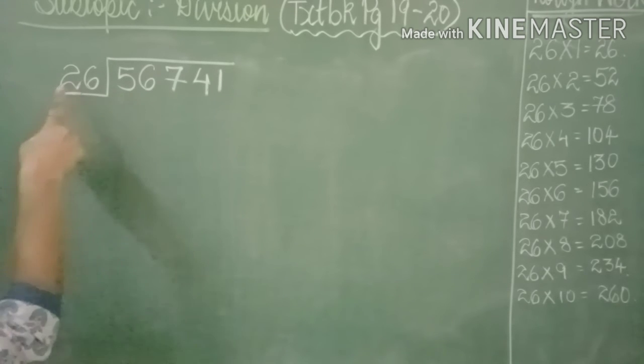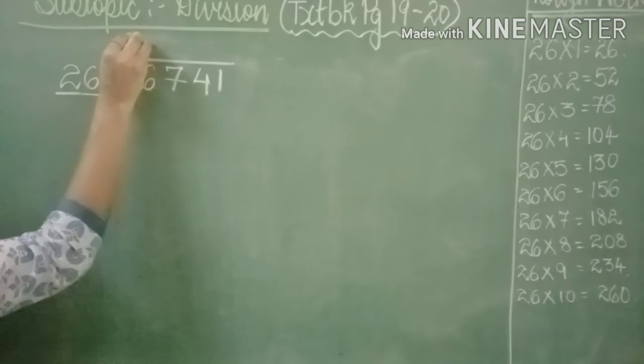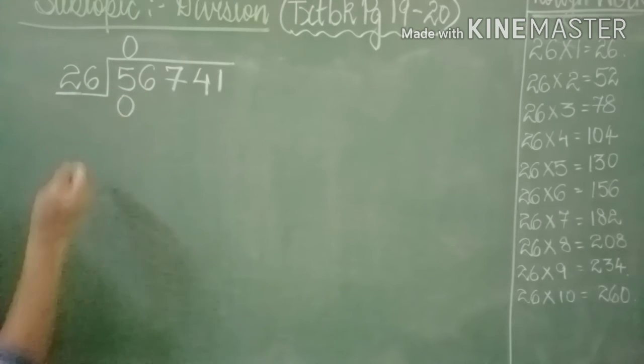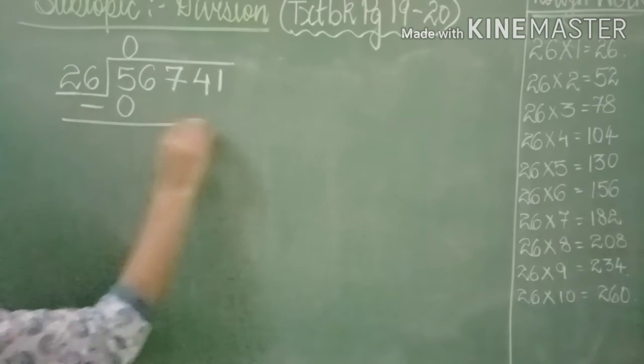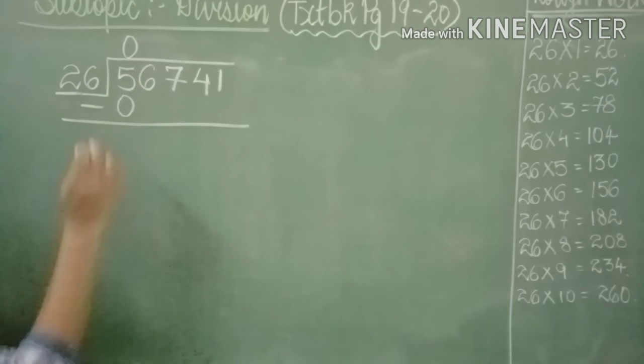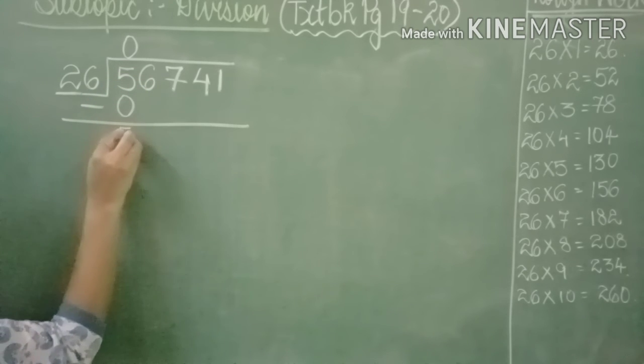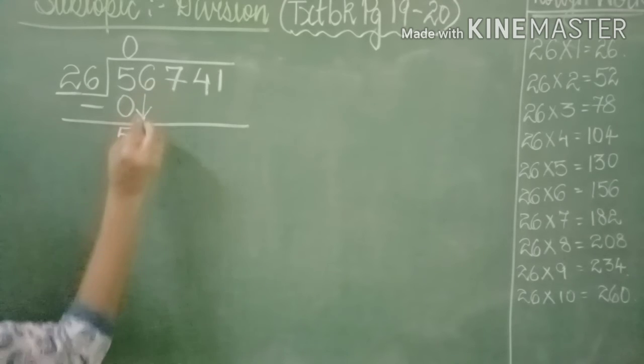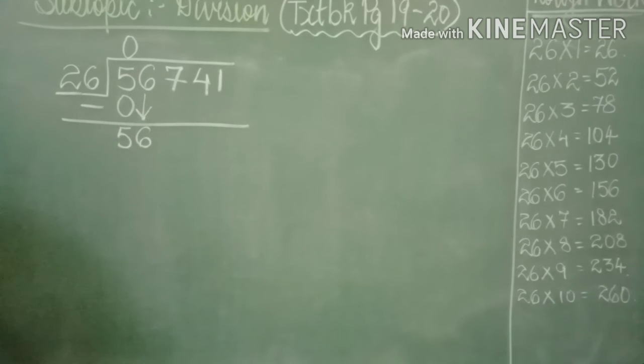Now 5 is a smaller number, 26 is a bigger number, so we will be writing 0. 26 zeros are, answer will come as 0. We are going to do the minus sign and then we are going to subtract. 5 minus 0, answer will come as 5. We are going to pull down with an arrow the next number, that is 6.